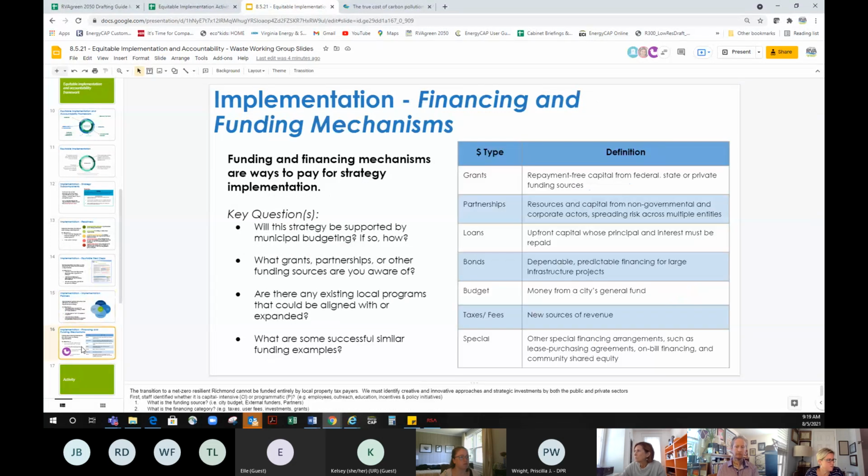And then the last piece, which we don't want to take too much time on here because it's a more complicated ask, is thinking about how we can finance all of these, but it is really important. The transition to a net zero resilient Richmond can't be funded entirely by local property taxpayers. There's just not enough money there.